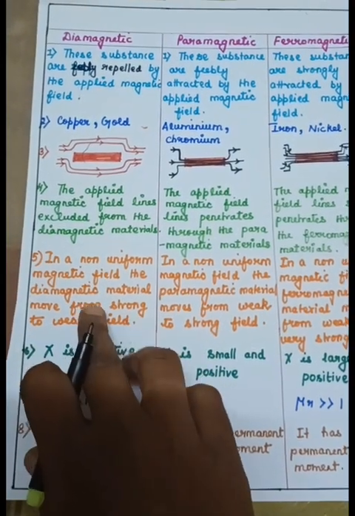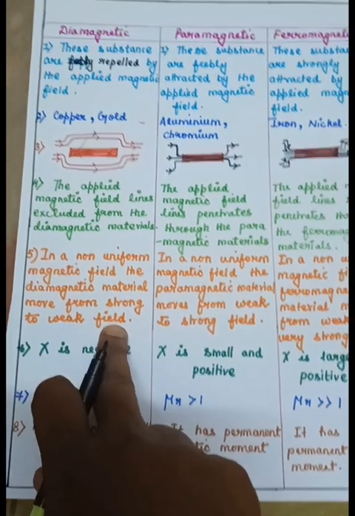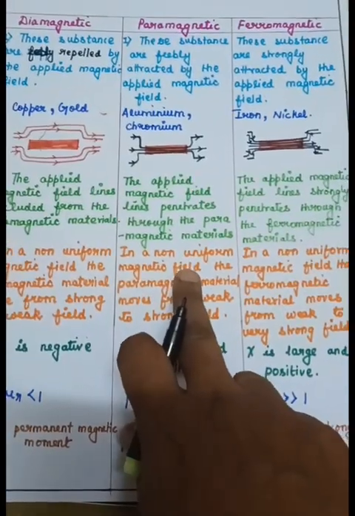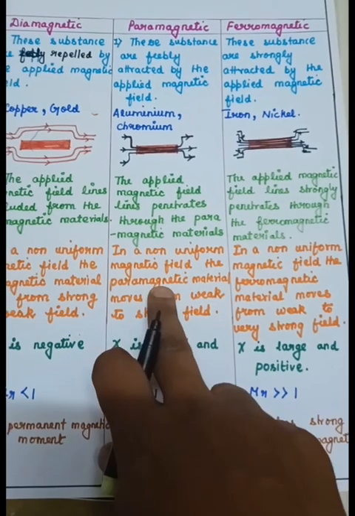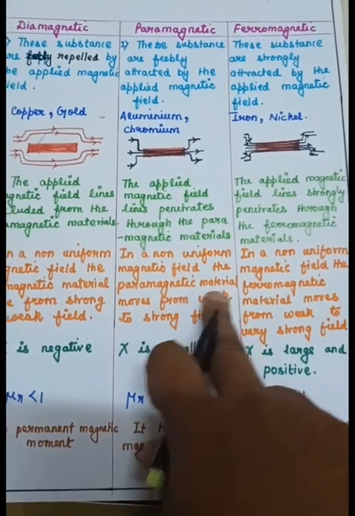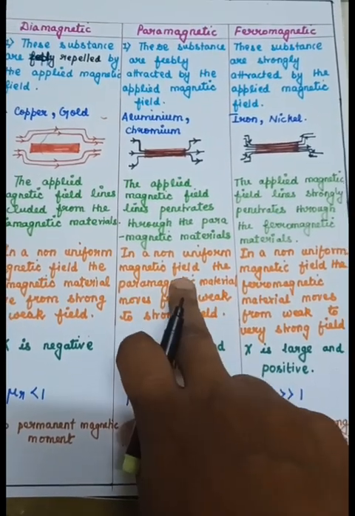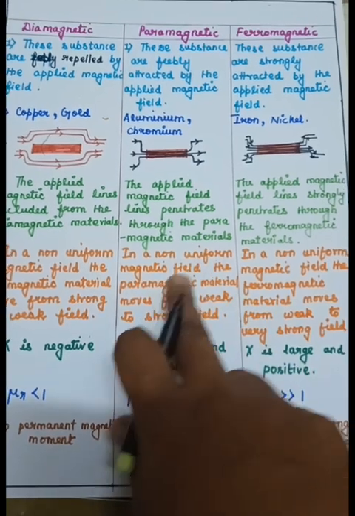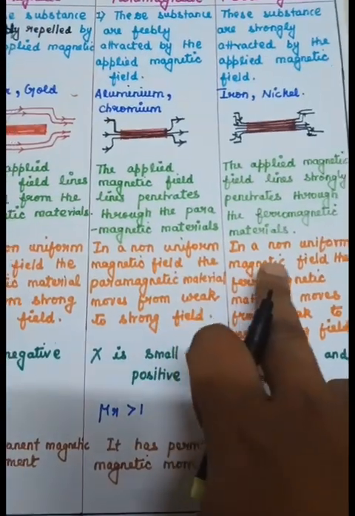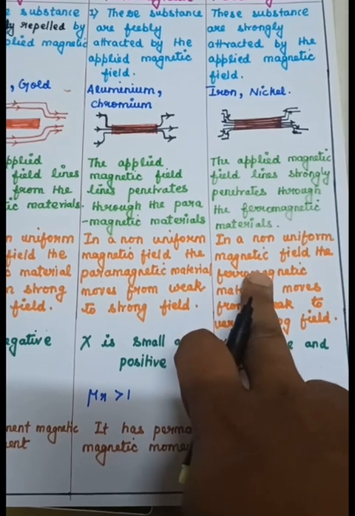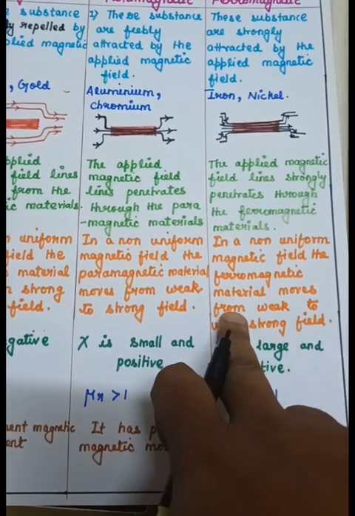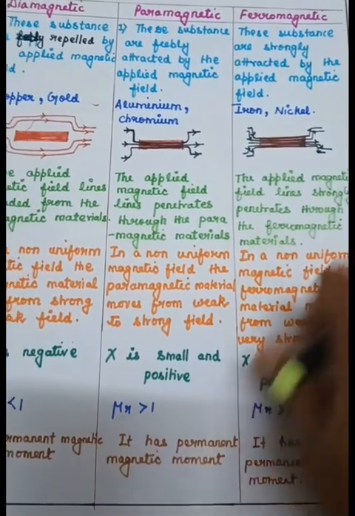Whereas paramagnetic materials start moving from weak to strong field whenever they are placed in a non-uniform magnetic field, and ferromagnetic material will start moving from weak to very strong field.